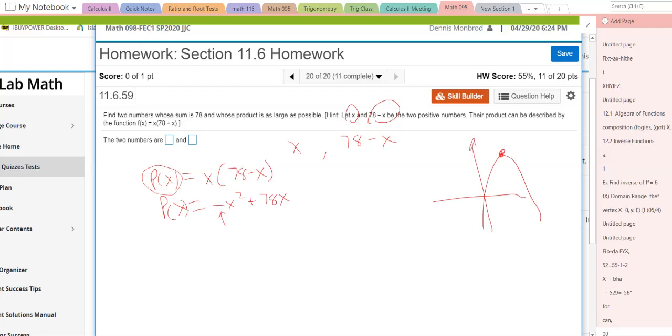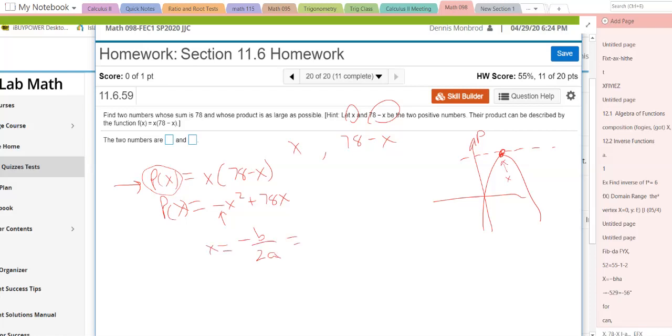Well, that's the product function. And wherever that vertex is, that will be the maximum value for P of x. So we just have to find the vertex for this function. That'll give us the x value here. And once we have the x value, we know 78 minus x will be our other number. So find the vertex: minus b over 2a.